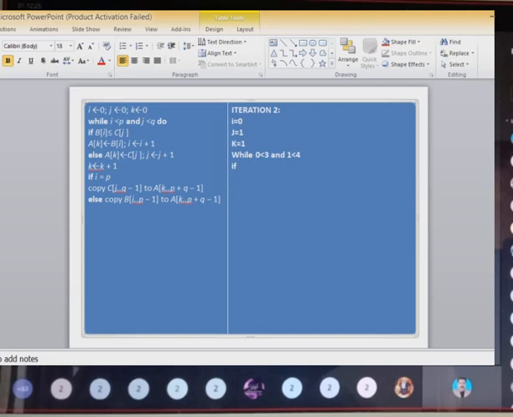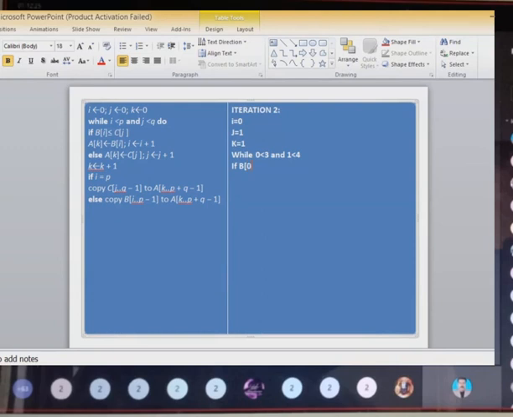What is the if condition? If B of I, what is the value of I?